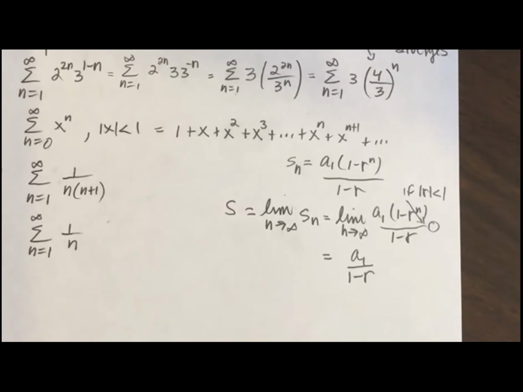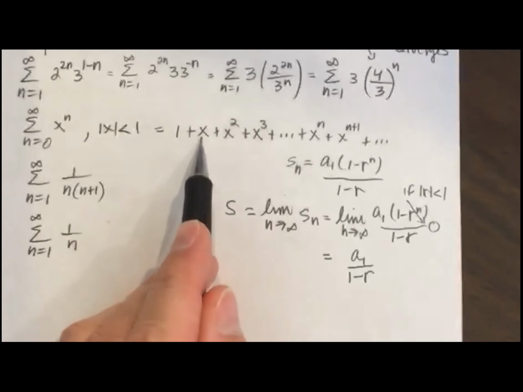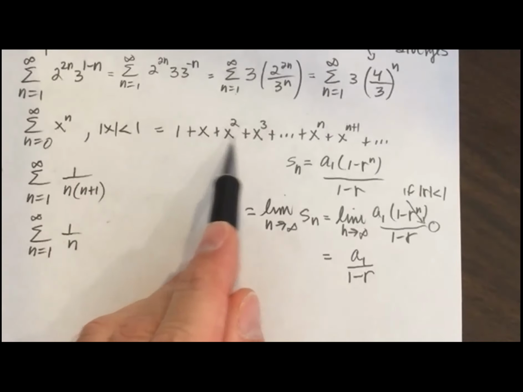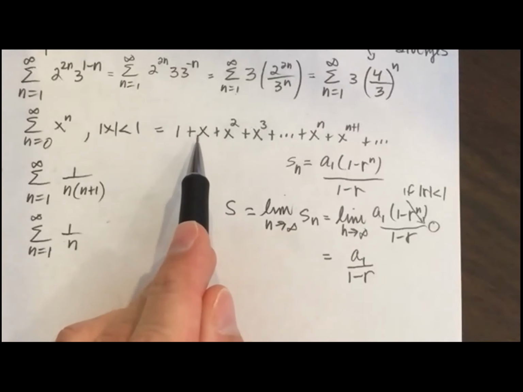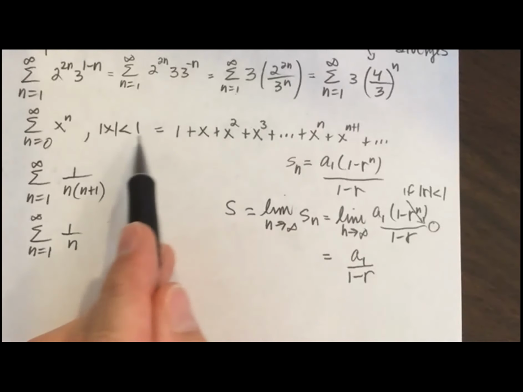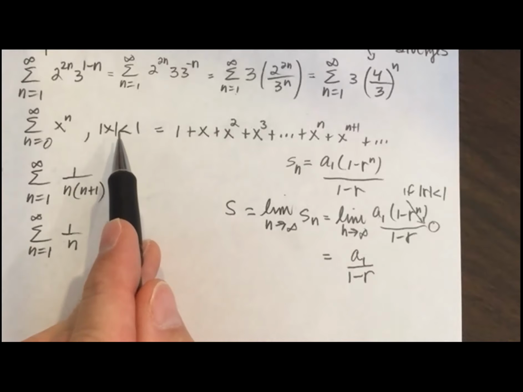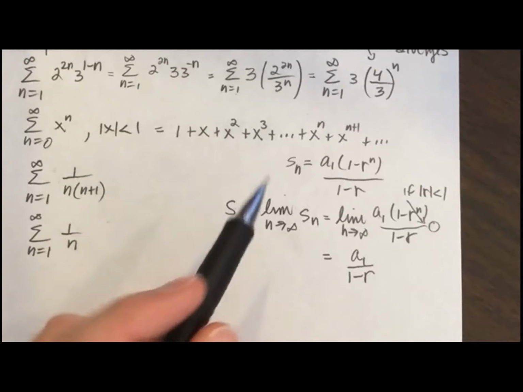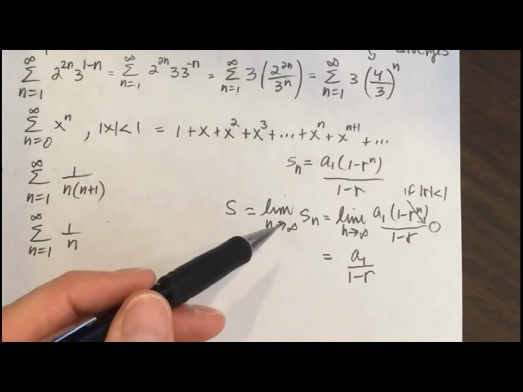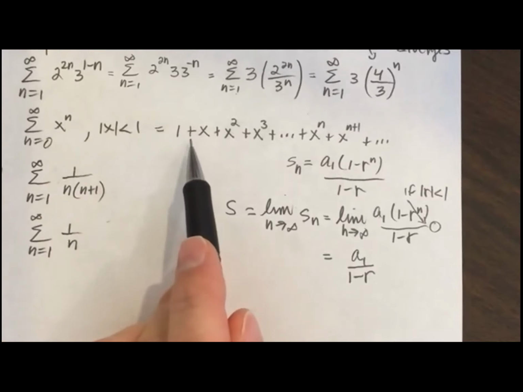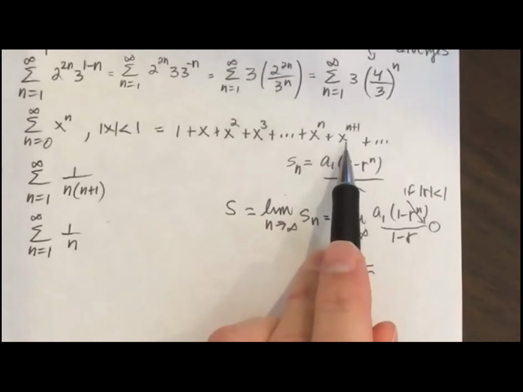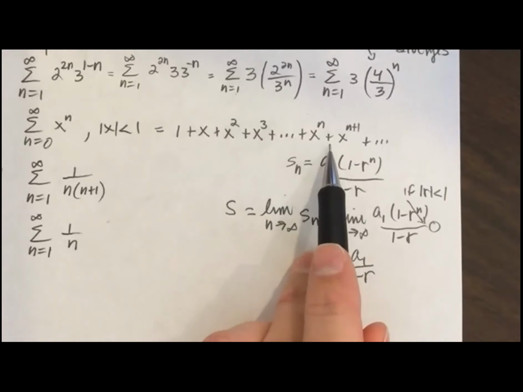This is totally awesome, because as long as we choose x to be less than 1, in fact, the absolute value of x, because it'll just alternate. We talked about alternating series. As long as we choose our ratio less than 1, then this is going to converge because it's geometric.